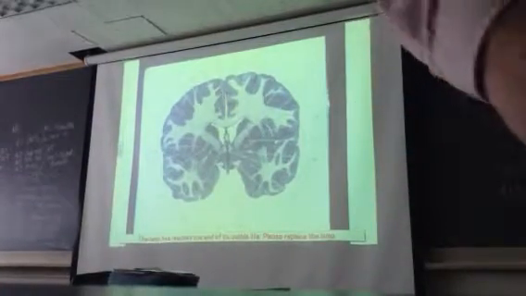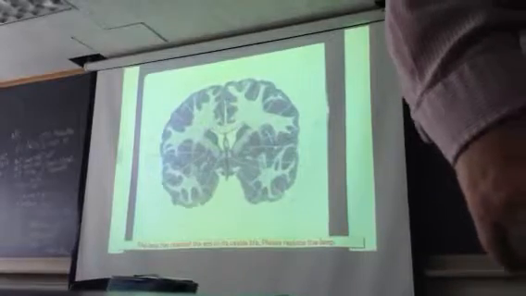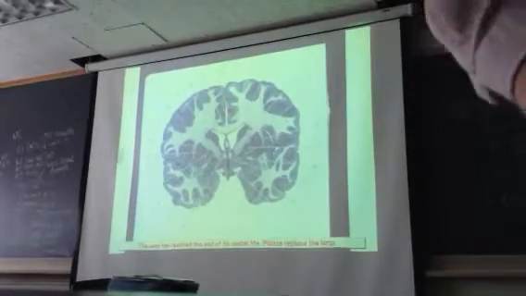Externa and interna. It's a globus pallidus externa and interna. What can you tell me about the zona externa of the globus pallidus versus the zona interna? Interna gets direct input, and the externa gets indirect input.